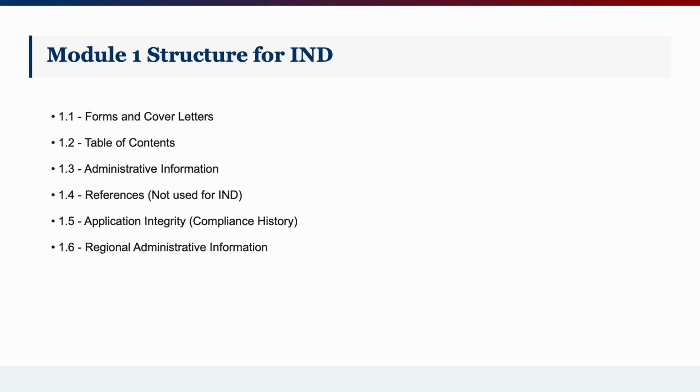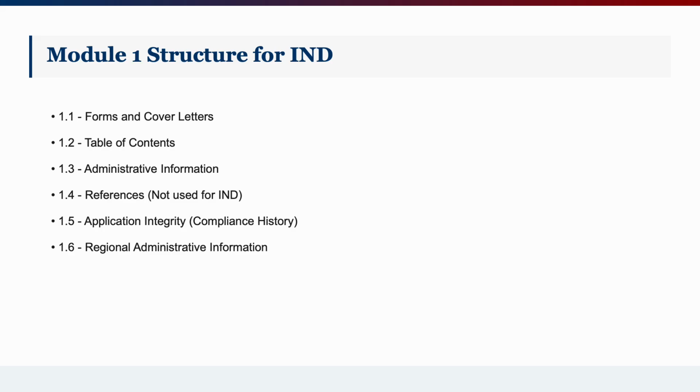Section 1.3 houses administrative information, and this is a substantial section that includes items like patent information, exclusivity claims, and licensing agreements. Section 1.4 is for references, but this section is typically not used for IND applications. It becomes relevant for marketing applications like NDAs.